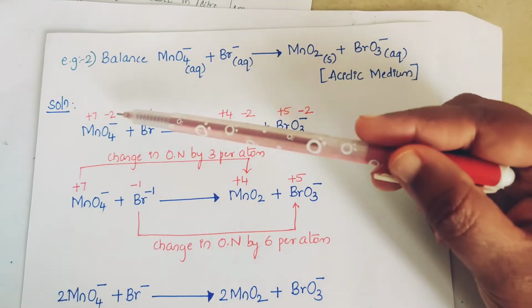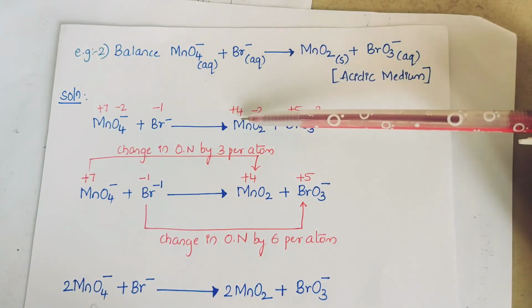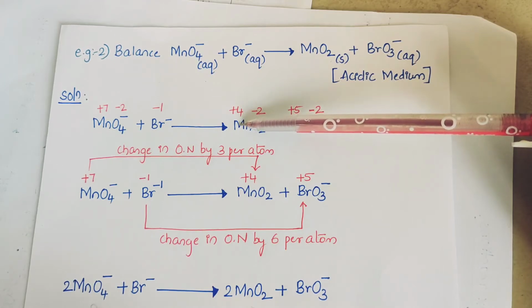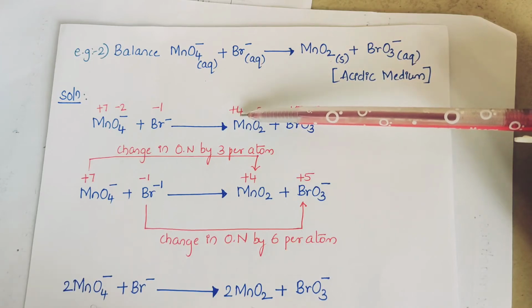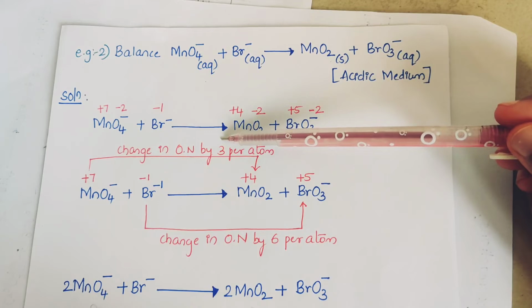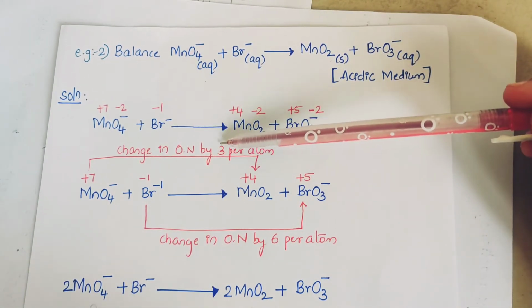Manganese is changing from +7 to +4, so manganese is undergoing reduction. The change in oxidation number is 3.